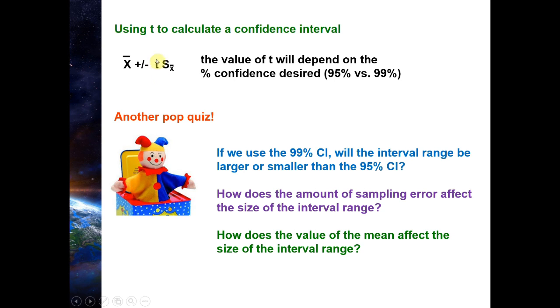That's going to help determine what this number is. Okay? That affects the size of your interval. X bar is just your reference point. Okay? It's what you add and subtract to and from in order to get the upper and lower limits. But the size of the interval, the number of points in between, is made up of this product.